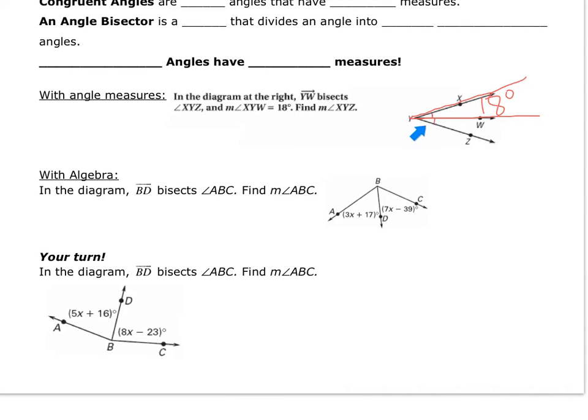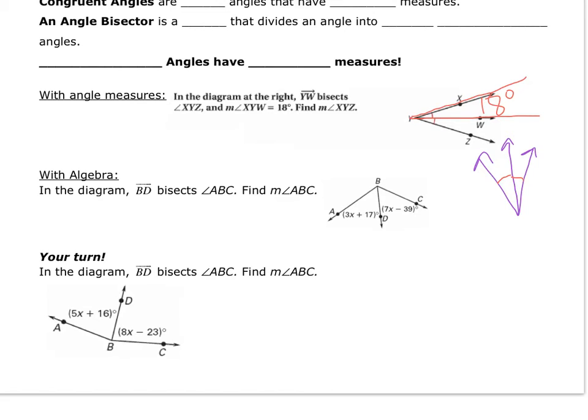Now you'll notice that we have these marks here. These are marks showing us that the two smaller angles are congruent to one another. So anytime you're given that pieces are congruent, you'll see, or you may have to mark, the angles being congruent. Anytime you see the word bisect, that means it cuts it into two congruent pieces. So if you were drawing your own angle and you wanted to draw a ray that bisects it into two smaller angles, you would need to add the congruency marks.